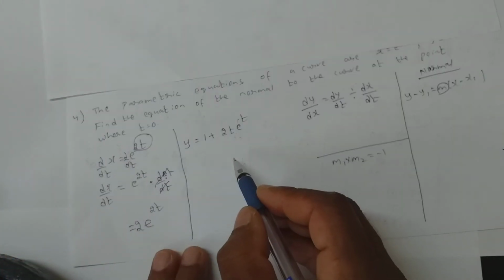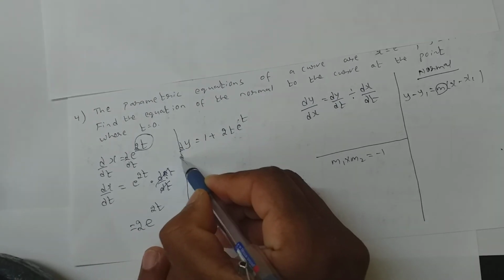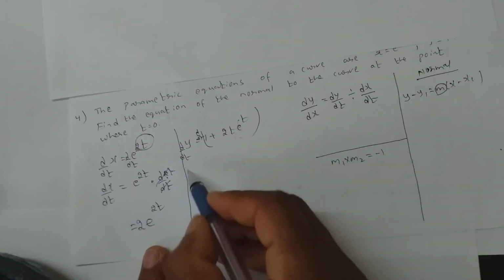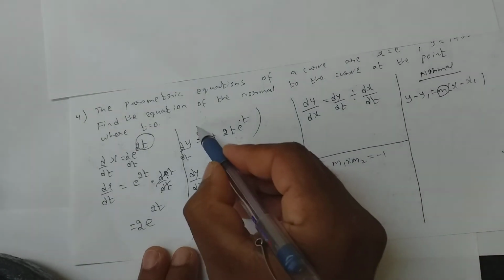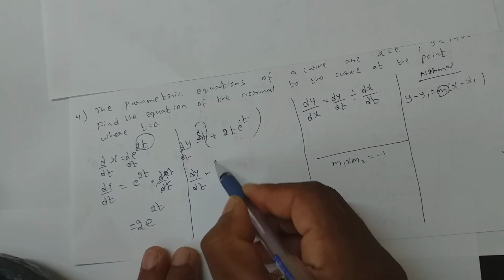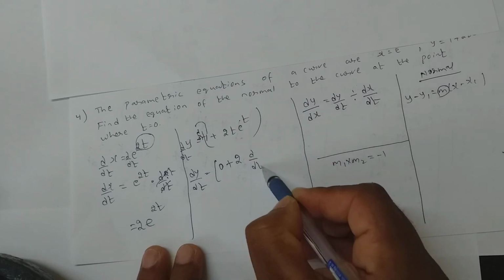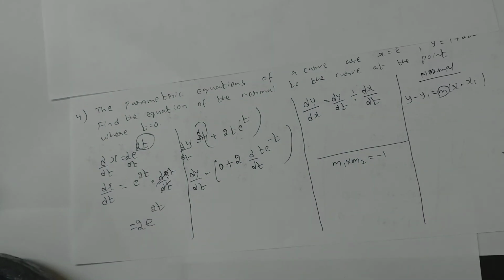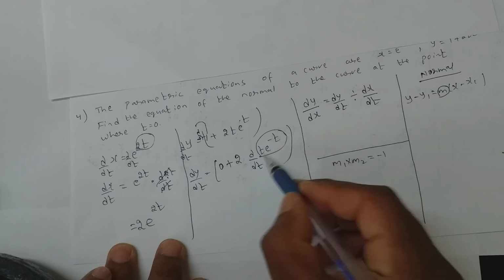Now next I need to find dy by dt. So on both sides you put d by dt. So dy by dt equal to, when it is applied on 1 it is 0, plus 2 will come out, d by dt of t e power minus t. You need to go with the UV rule or product rule.